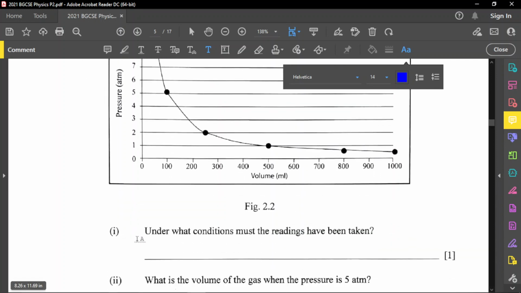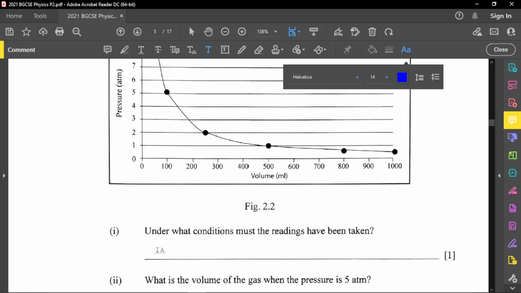Now for part one, it says: under what condition must the reading have been taken? If we look at the graph, we're looking at pressure versus volume. Remember that there are three things that affect the gas: pressure, volume, and temperature.